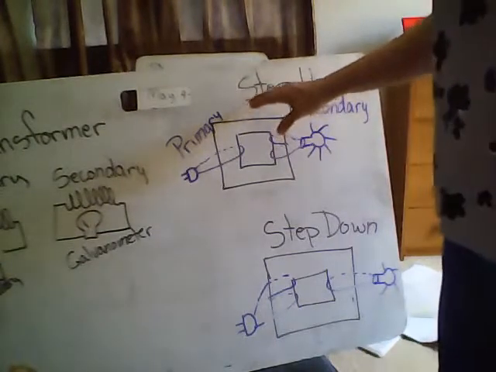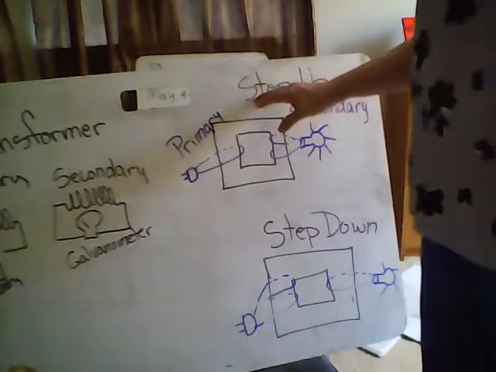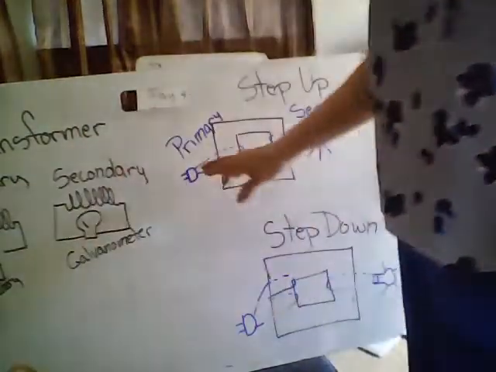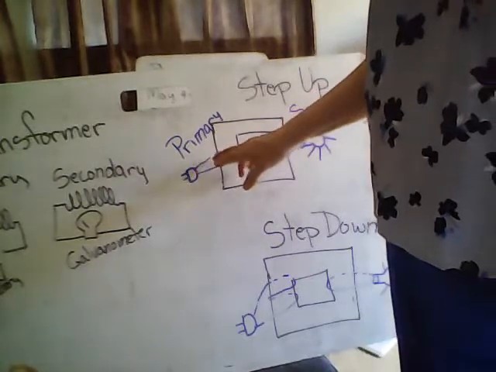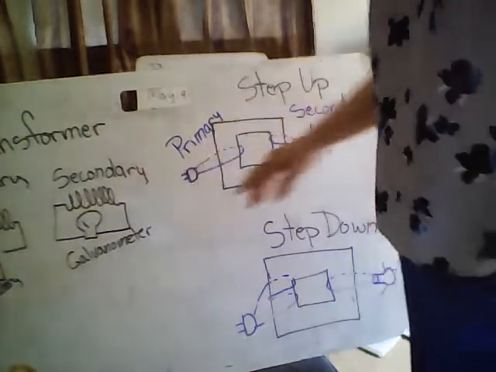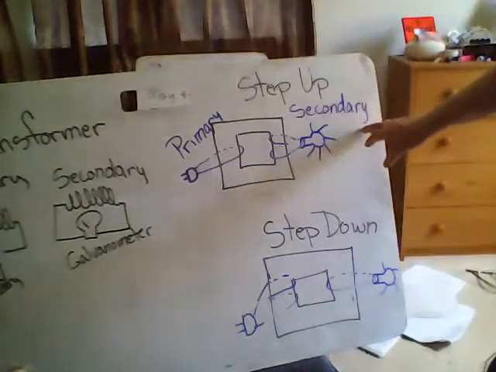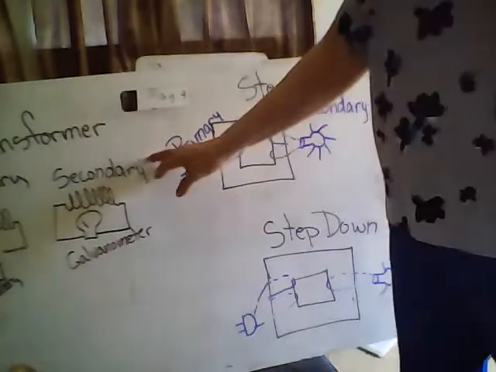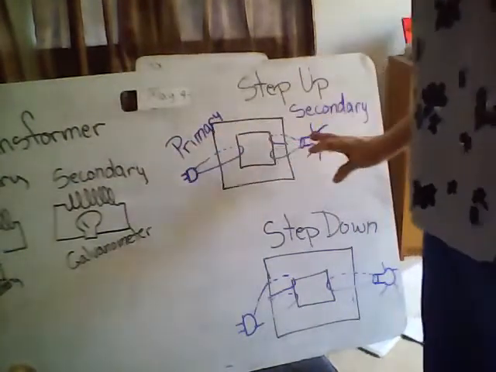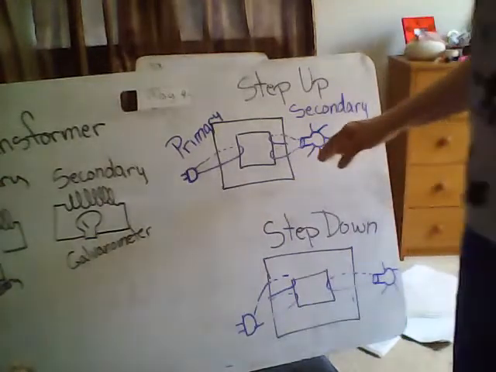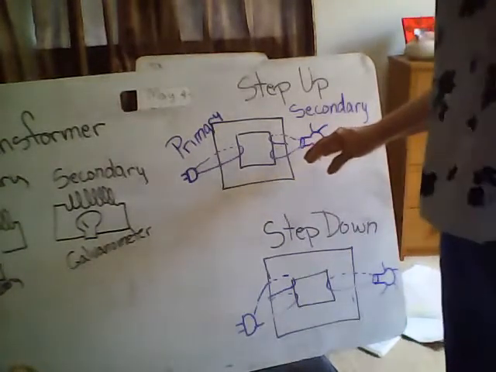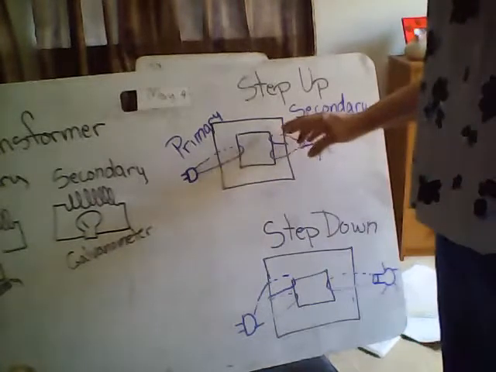So if we want to do a step-up transformer, we're going to have our primary that's connected to the voltage source, and we're going to have a secondary, someplace else, that is not connected to your voltage source. So on the secondary, I have 2 coils of wire.